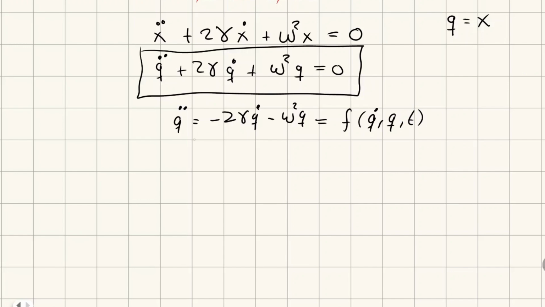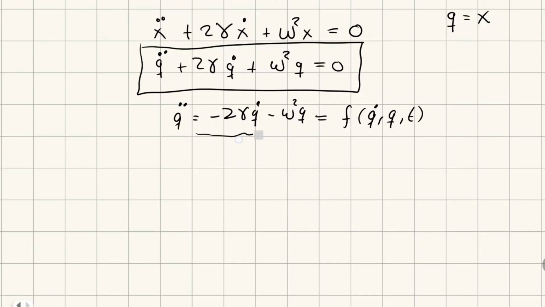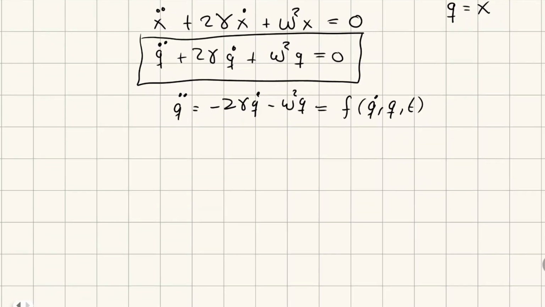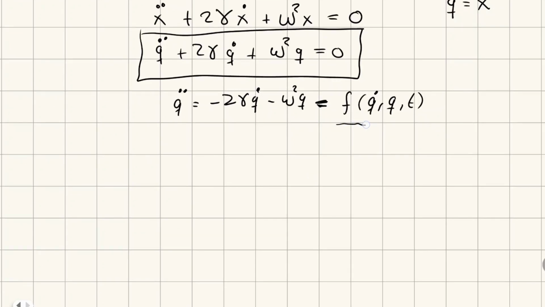In this case, we do not have any t explicitly in the expression, but in general, we can have other examples that have the t. So this process is going to apply for functions f that depend on q dot, q, and t.